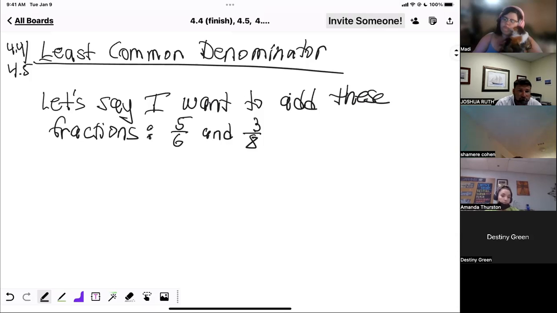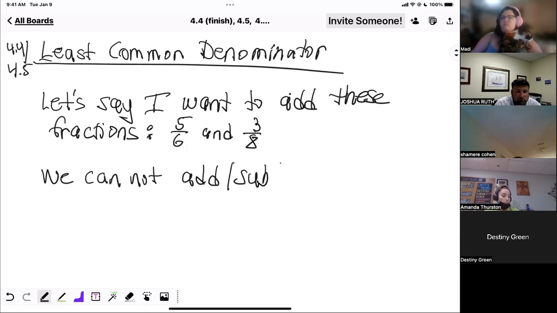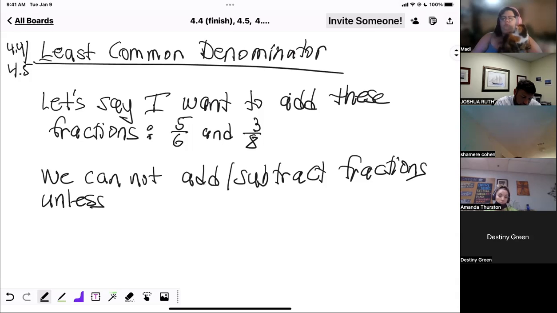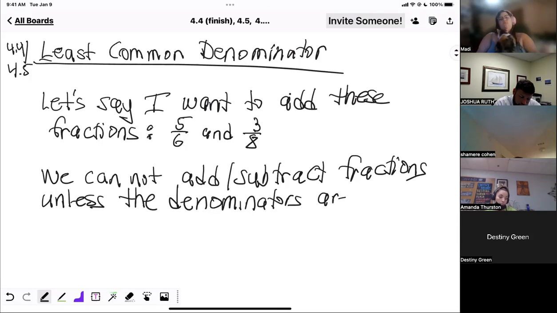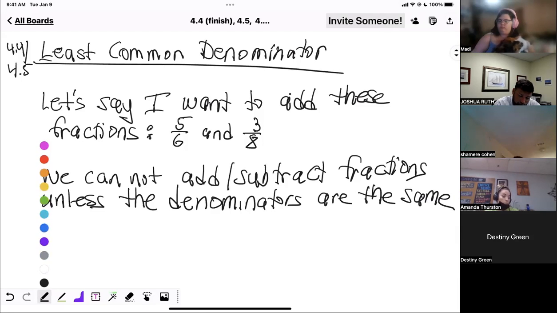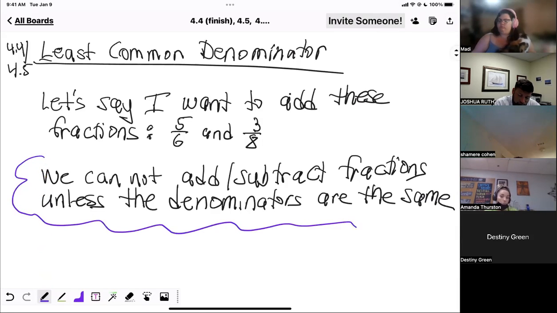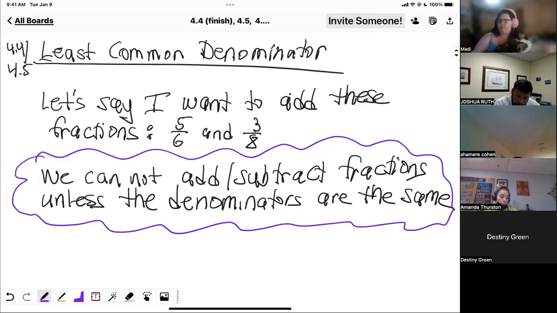Well, in fractions, we cannot add or subtract fractions unless the denominators are the same. They have to be the same. This is not for multiplying or dividing, because they don't have to be for adding and subtracting.